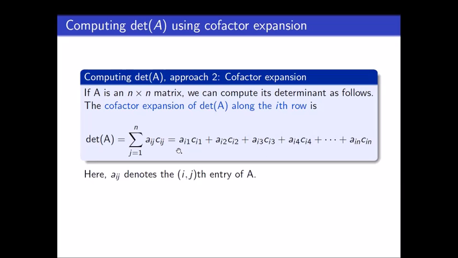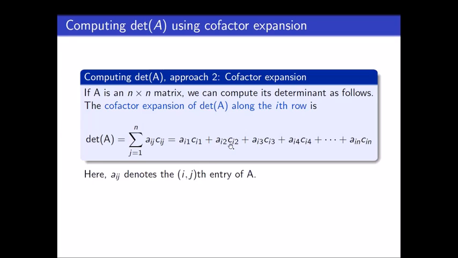If your cofactor expansion is along the ith row, we start from the first column and move along the ith row, and at each step we multiply the entry in the ith row with the cofactor corresponding to that position.